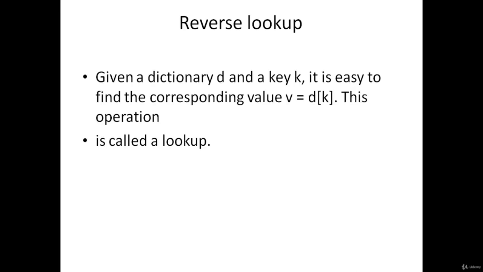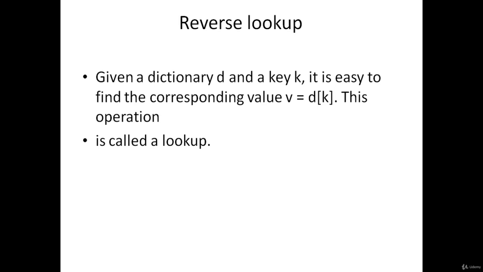Reverse lookup. Given a dictionary d and a key k, it is easy to find the corresponding value v equals d[k]. This operation is called a lookup. But what if you have v and you want to find k? You have two problems.